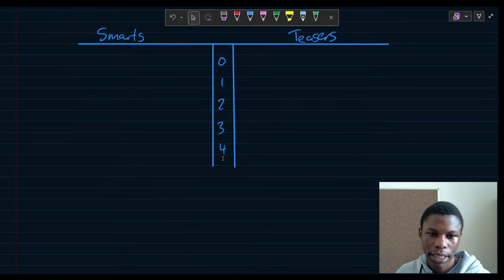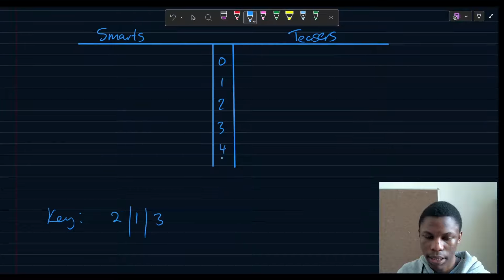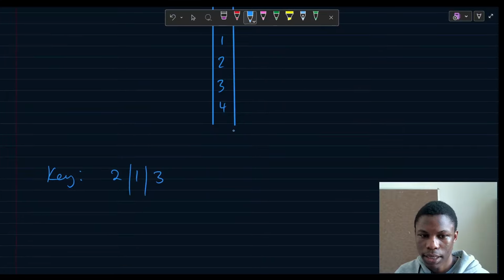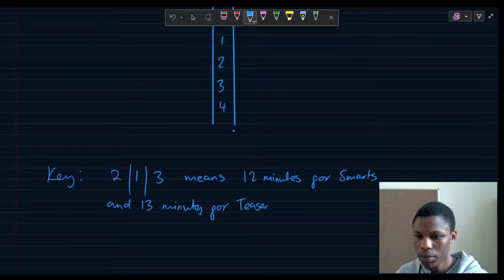Our key says that if I've got a 2 here and a 3 there, this means it's 12 for Smarts and 13 for Teasers. So the key means 12 minutes for Smarts and 13 minutes for Teasers. The key is very important. Don't forget to write a key for your stem and leaf diagram.